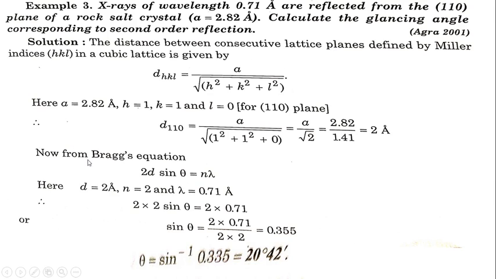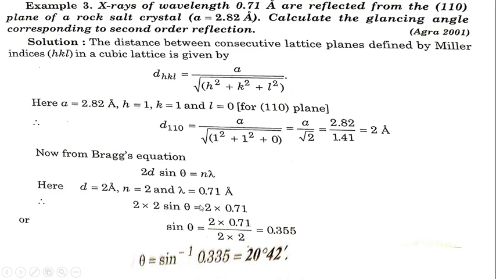Now from Bragg equation 2d sin theta equal to n lambda. So d equal to 2 angstrom, n equal to 2 and lambda equal to 0.7 angstrom.